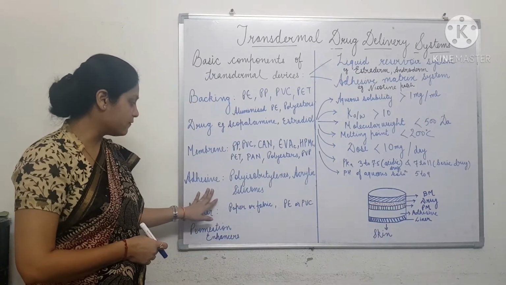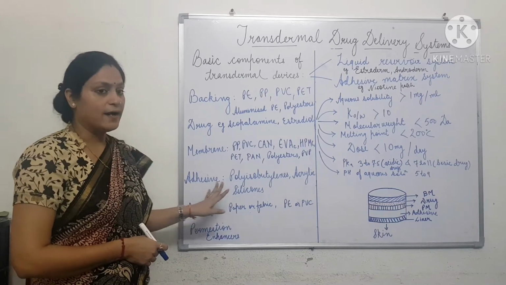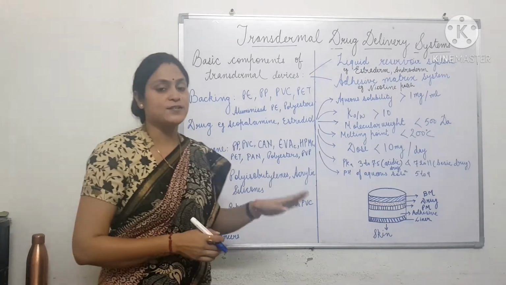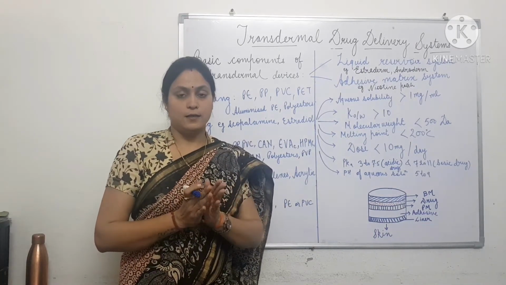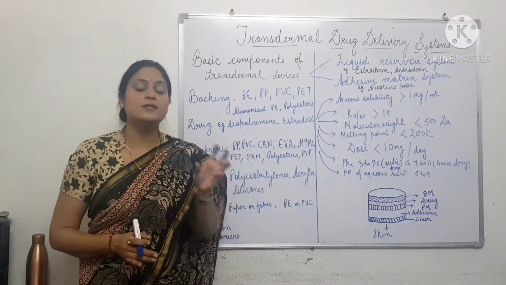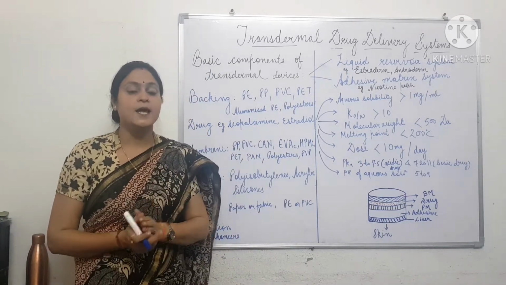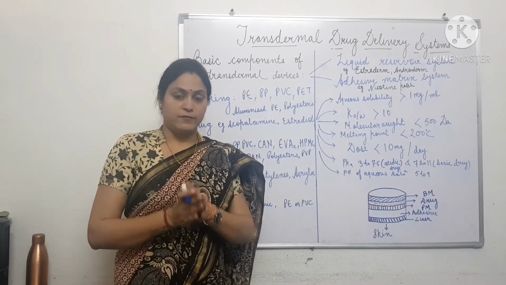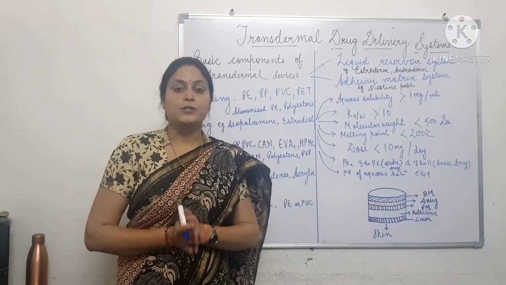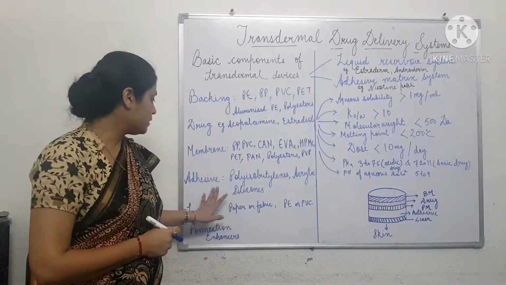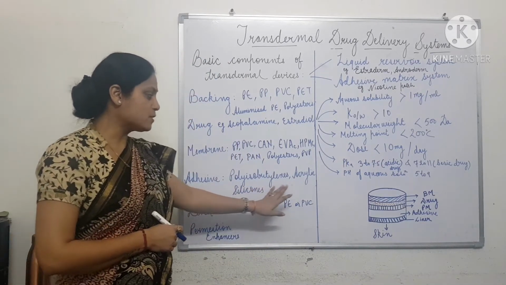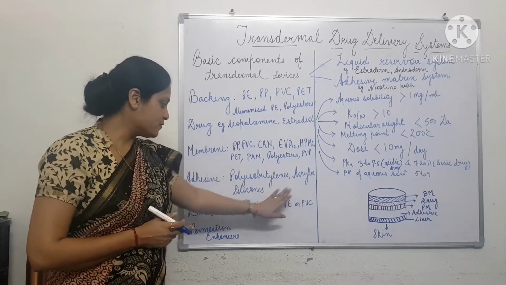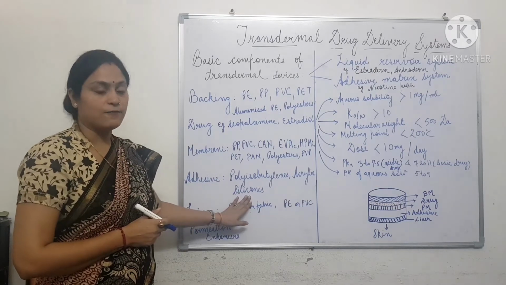Now, adhesive. The adhesive could be either polyisobutylene or a pressure sensitive adhesive, which is a substance that adheres onto the surface when a light pressure is applied, and can be easily removed from the surface without leaving any unwashable residue. So these adhesives can be isobutylene or pressure sensitive adhesives, such as acrylic adhesives or silicone adhesives.